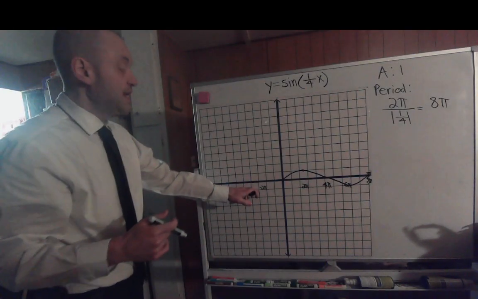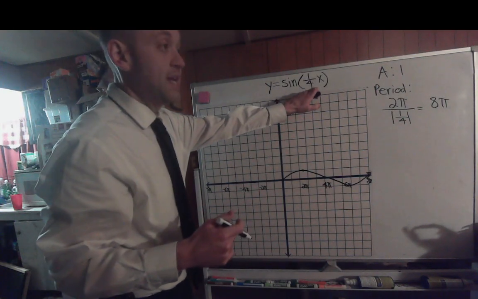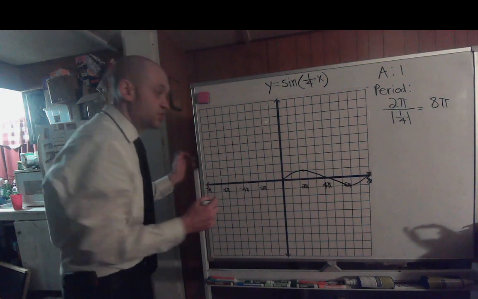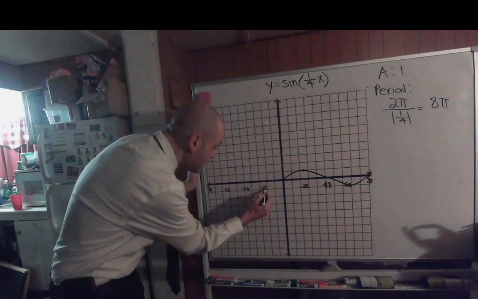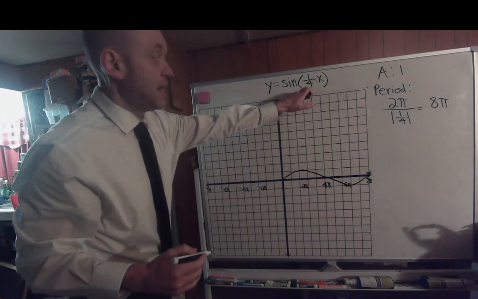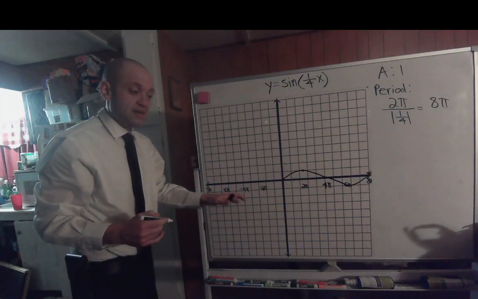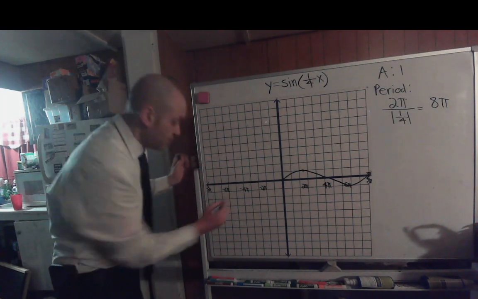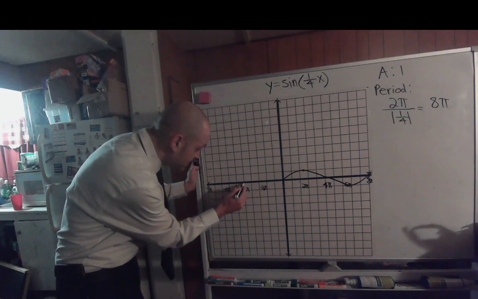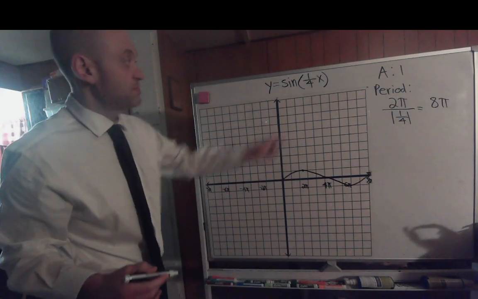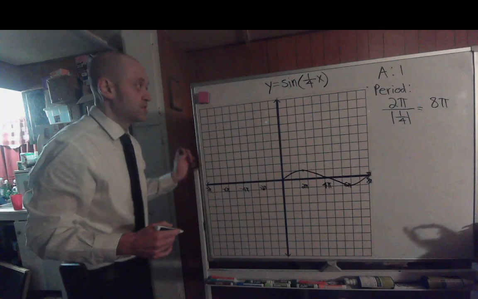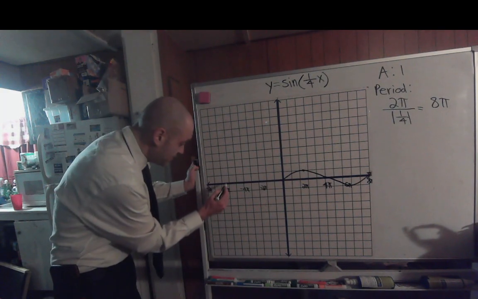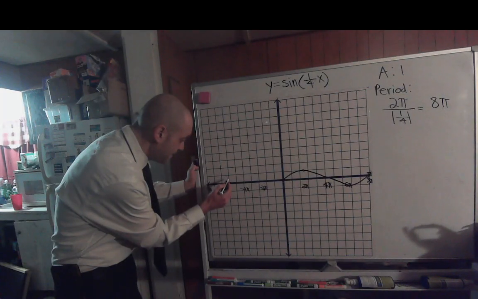Now let's put in negative 2 pi for x. You would get negative pi over 2, which would give you negative 1. Then put in negative 4 pi, you'll get negative pi. Sine of negative pi is 0. So you'll be back up to 0 here. Now put in negative 6 pi. 1/4 of negative 6 pi is negative 3 pi over 2. That would end up giving you positive 1.